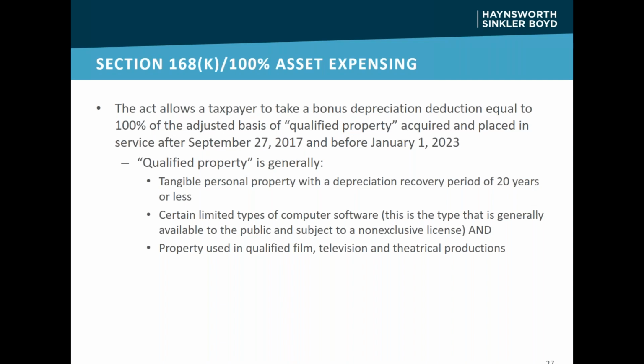So qualified property is defined as tangible property with a depreciation recovery period of 20 years or less. There are certain limited types of computer software that qualify for qualified property, which are the type that is generally available to the public and subject to non-exclusive licenses, and property that is used in qualified film, TV, and theatrical productions can also qualify as qualified property.